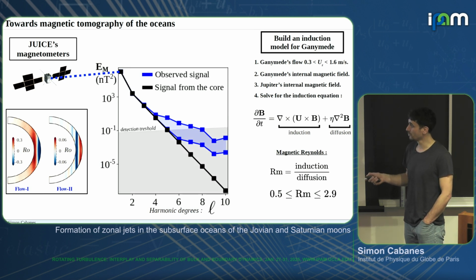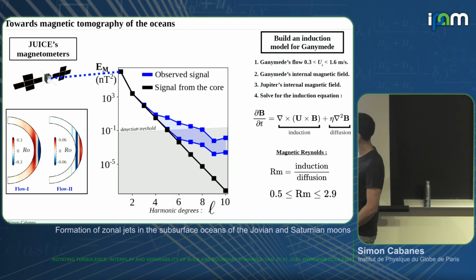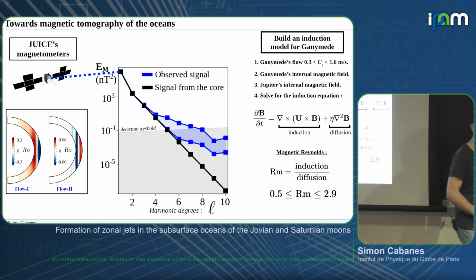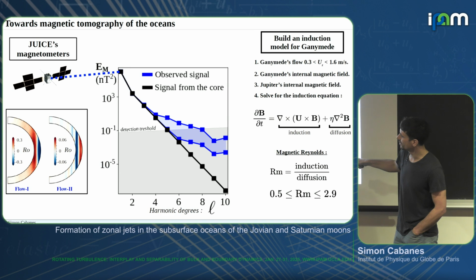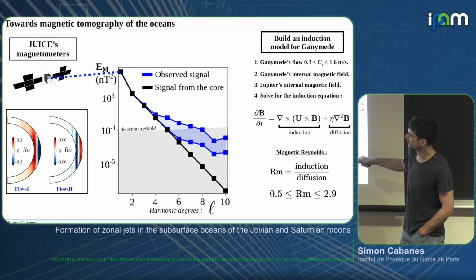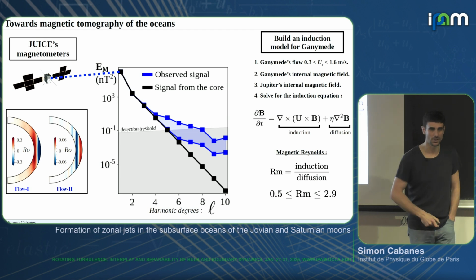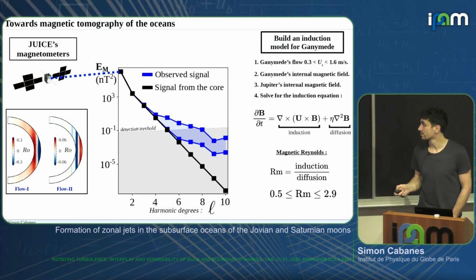And you can report it to be here, corresponding to this gray line here. So everything which will be above will be detected by the magnetometer of JUICE. However, you can see that in the pessimistic scenario here, it's very difficult to distinguish the magnetic signal coming from the oceanic circulation, whereas in the optimistic scenario, of course, we can get a signal.